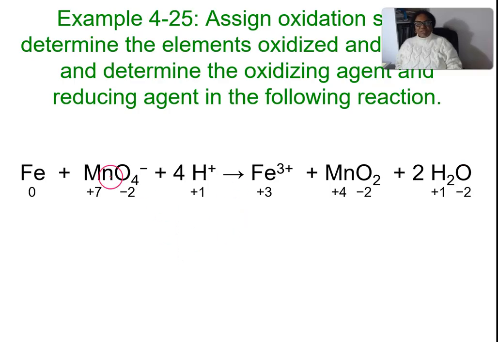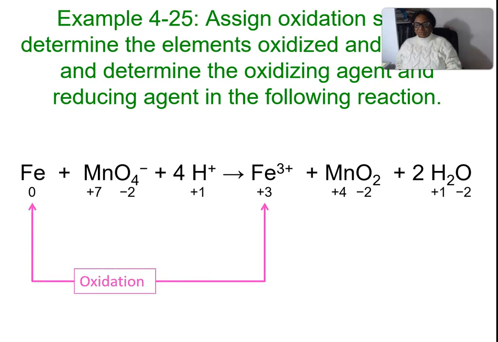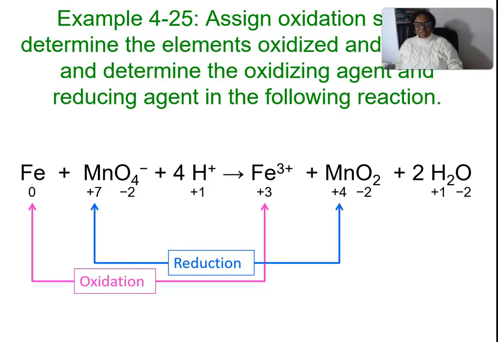So if you notice, the oxidation state of iron has increased. So that is oxidation. But the oxidation state of manganese has decreased. That is reduction. But our question is, assign oxidation states, determine the element oxidized and reduced, and determine the oxidizing agent and the reducing agent. So in this case, what is the oxidizing agent and what is the reducing agent?